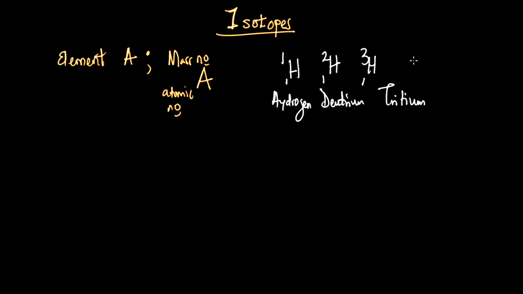These are isotopes. They have the same atomic number, which is the same number of protons, but different mass numbers. The different mass number is as a result of a different number of neutrons.